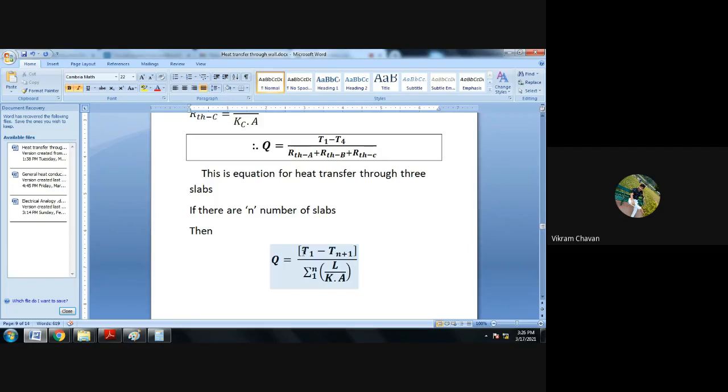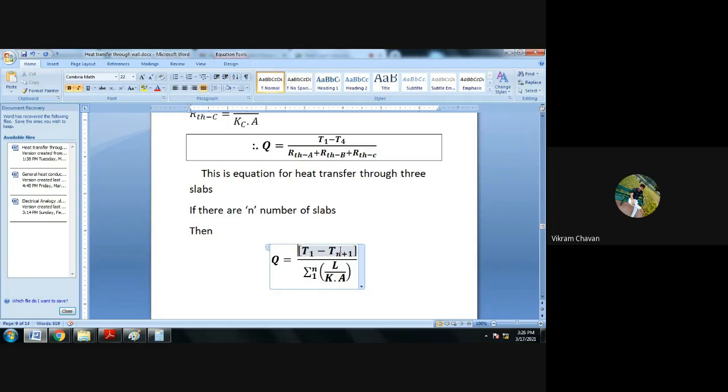In the numerator we take the initial temperature minus the final temperature.